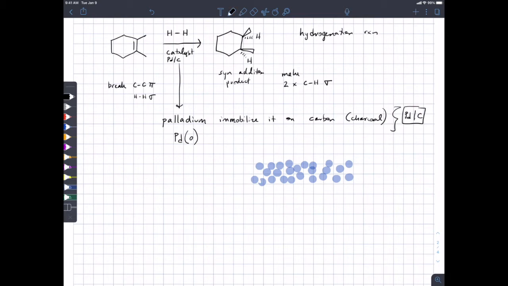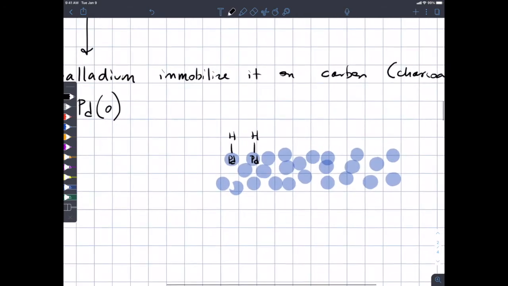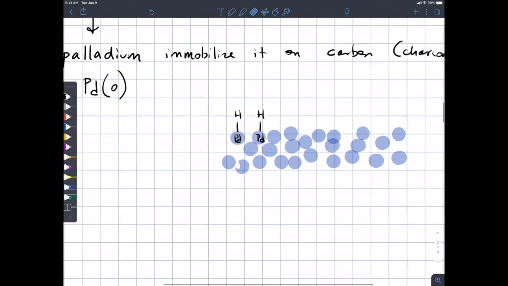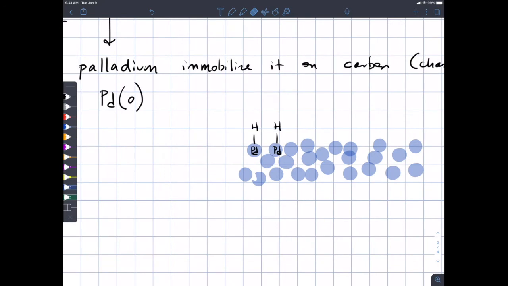It probably is known, but I don't know it. What happens is that hydrogen reacts with the palladium to generate an intermediate like this. We're not going to do arrow pushing, but basically you can think of electrons from palladium attacking one of these hydrogens and then hydrogen with its electrons attacking another palladium. So the palladium metal breaks the hydrogen-hydrogen bond.